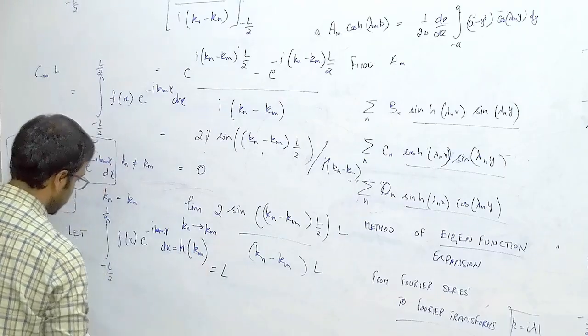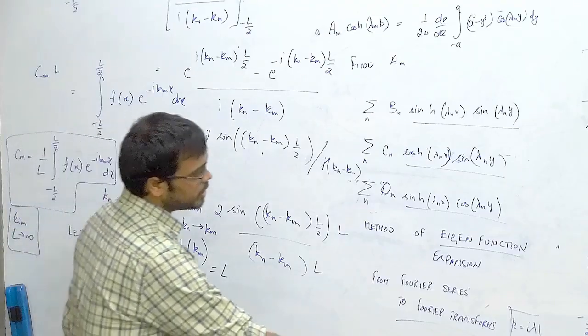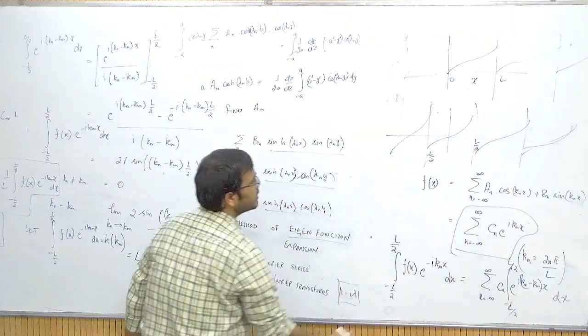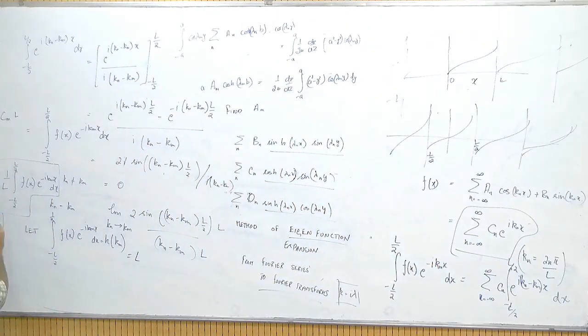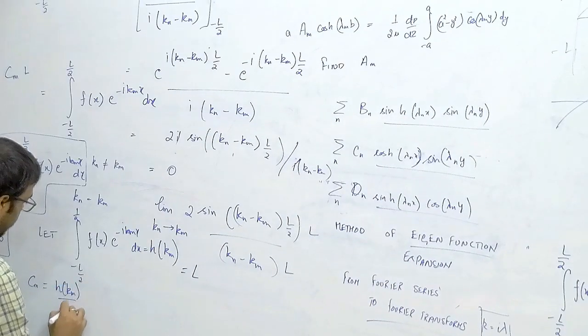So, I am defining this as a function h of k_m, and then I will substitute that in this series. So, C_m is h of k_m over L.